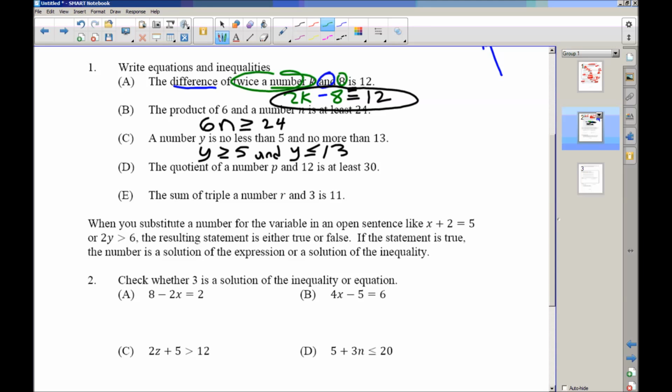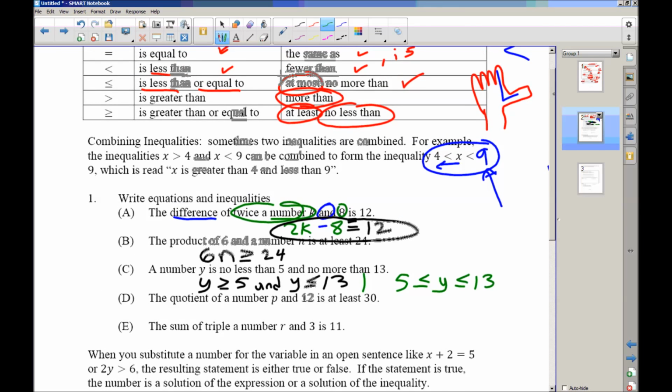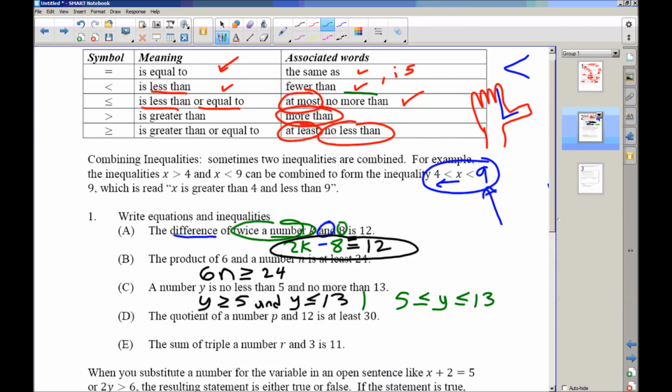Or we can combine them into one statement. So we could take that compound inequality, put the y in the middle, and on one side it's sandwiched by 13, and on the other side it's sandwiched by 5. Okay? So be careful with no less and no more. Remember, those translate into no more than and no less than, which have the equal to bar on them. Okay?